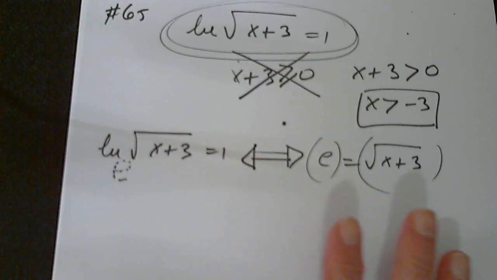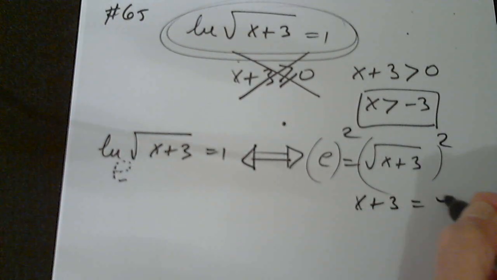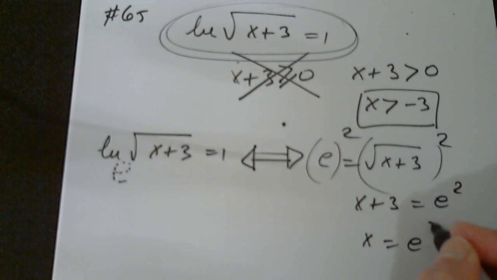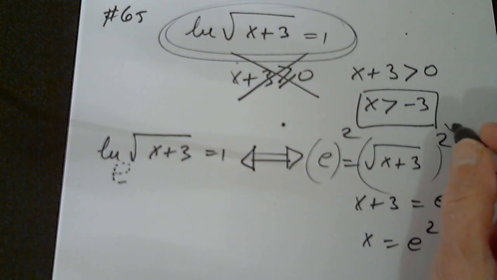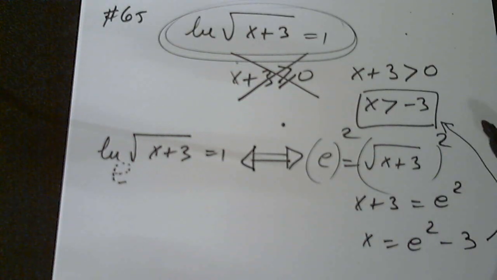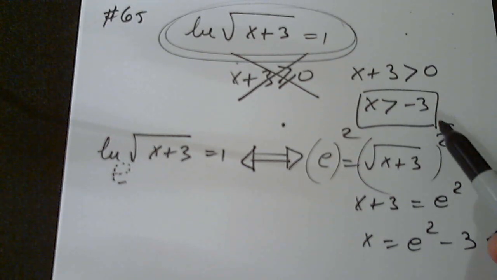We solved these equations a couple of months ago. Because the index is 2, we have to square. So then x plus 3 equals e squared, or x equals e squared minus 3. Now, if this number is not greater than -3, which it is, but if it isn't, then I'll say no solutions. If it is greater than -3, then this is it.